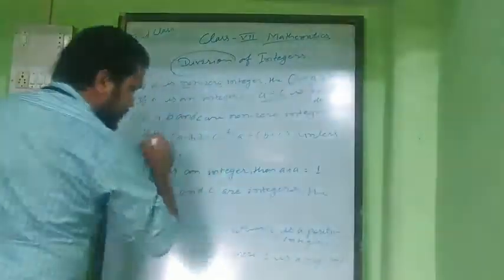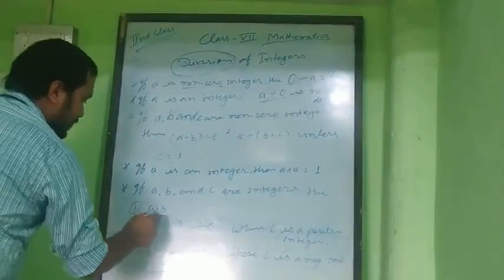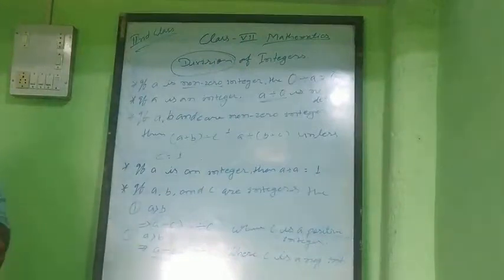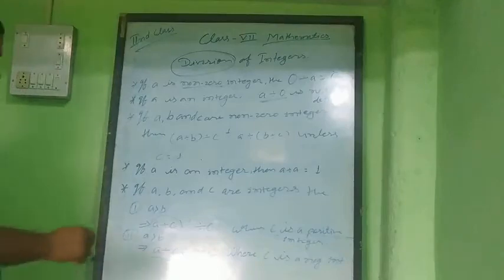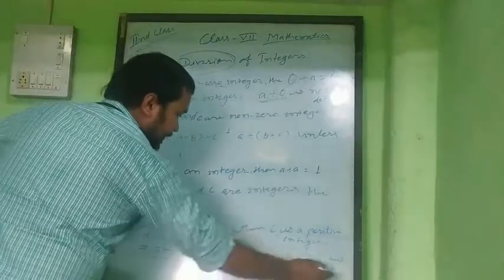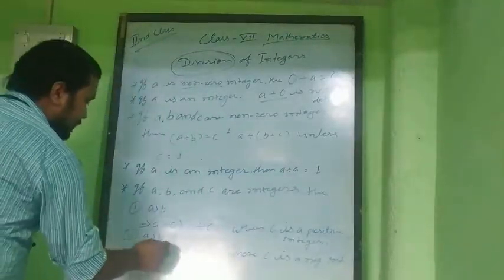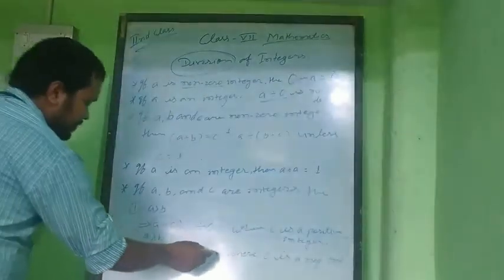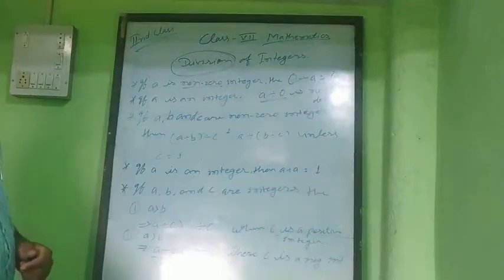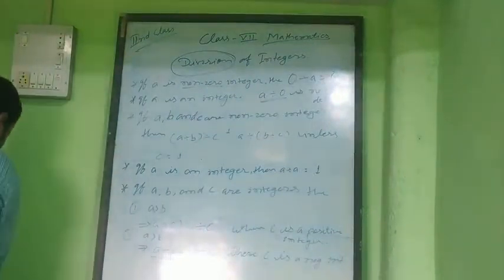If C is a positive integer, then A divided by C becomes greater than B divided by C, and if C is a negative integer, then A divided by C becomes smaller than B divided by C. Okay. Now we have to solve some questions.